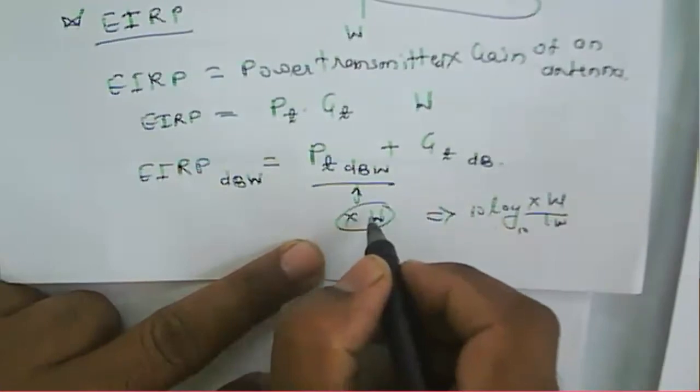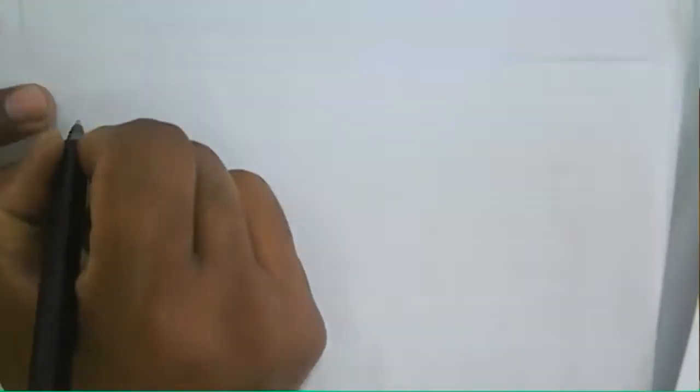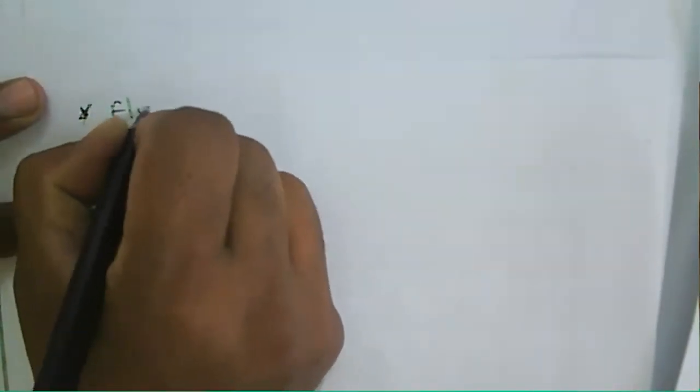If it is dB microwatt, so microwatt. Likewise, we can convert the power in watt to dB watt, or dBm, or dB micro. So that is about the effective isotropic radiated power.